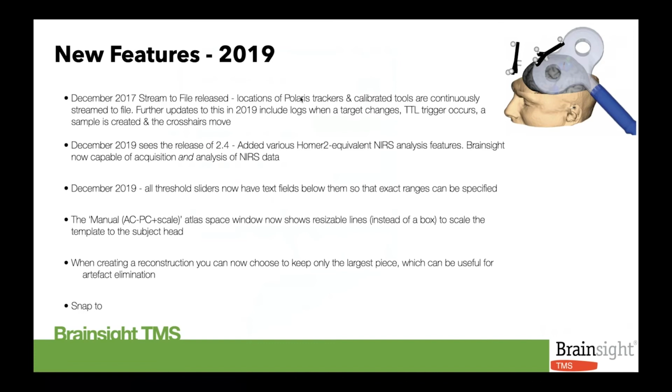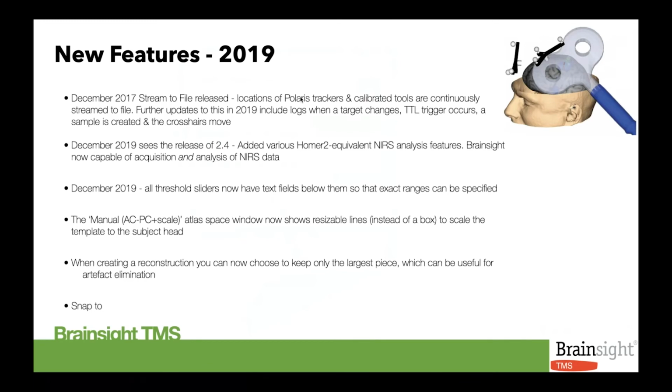Another nice feature, the keep largest piece button. Again, these are all really subtle things that no one makes a big song and dance about. So here I am making a big song and dance about it. When you upgrade, there'll be all these nice little subtle features that will make your life easier. This keep largest piece is mainly on the reconstruction side of things.